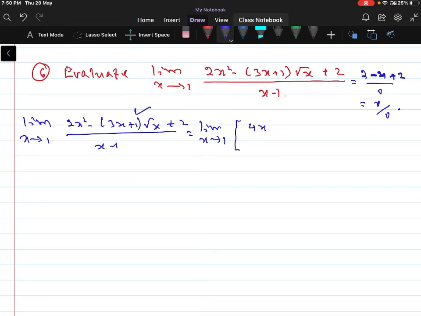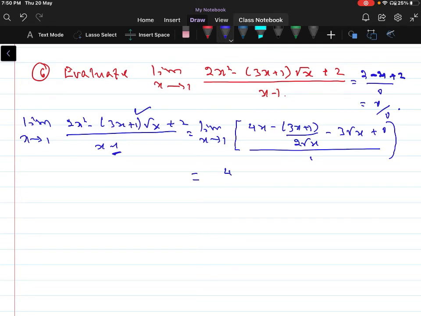Here we have a product of two functions, minus the first function (3x + 1) into the differentiation of √x, which is 1 by 2√x, minus the differentiation of (3x + 1), which is 3, into √x, plus 0, since the differentiation of 2 is 0, divided by the differentiation of x − 1, which is 1. Now let us apply the limit as x approaches 1.